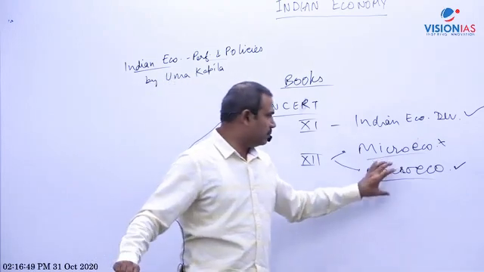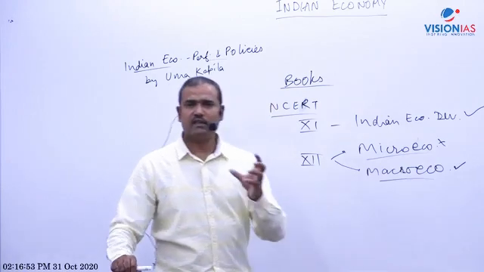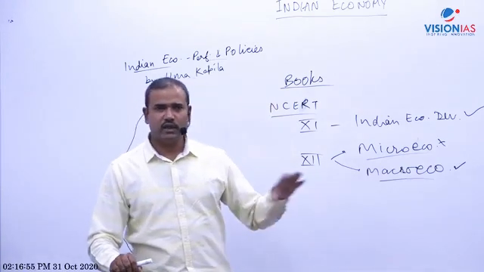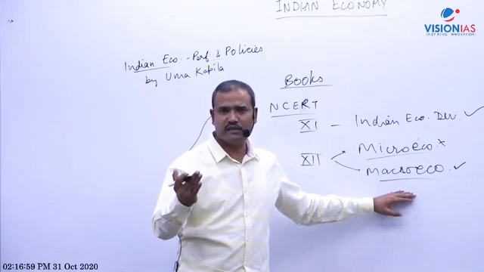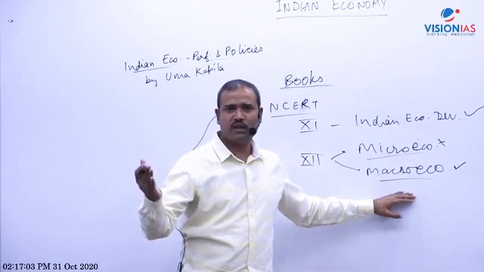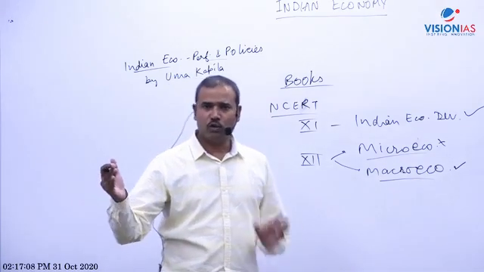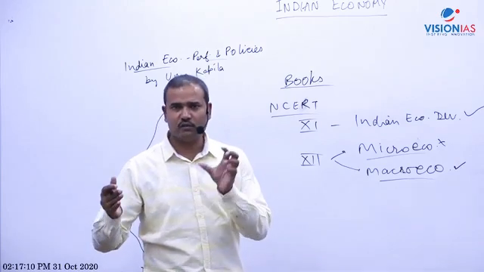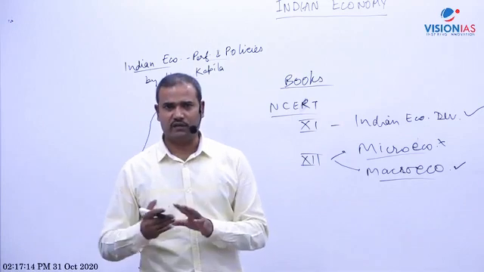In macroeconomics, there is a chapter on government budgeting. Here you will find what is a budget, what are the types of receipts and expenditures, types of budgetary deficits, only this. But we have to go much beyond that. We have to see the trends of deficits, why deficits increase, what the government did to reduce deficits, that is fiscal reform, and what constraints were faced by the government in reducing deficits.